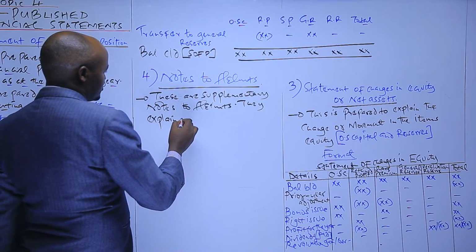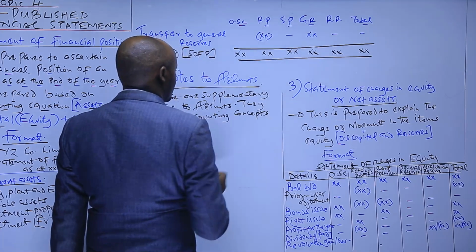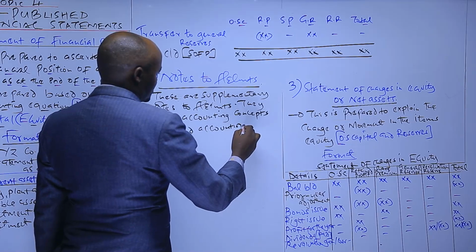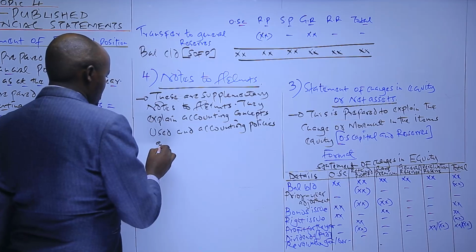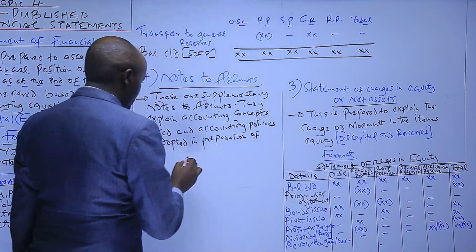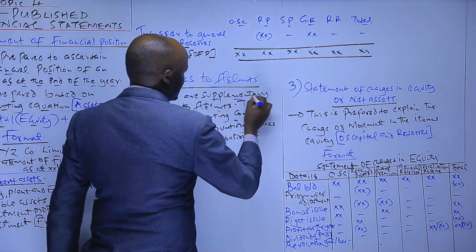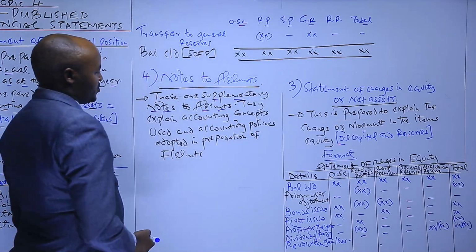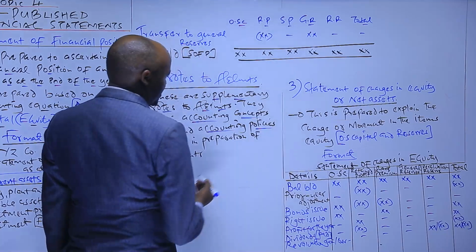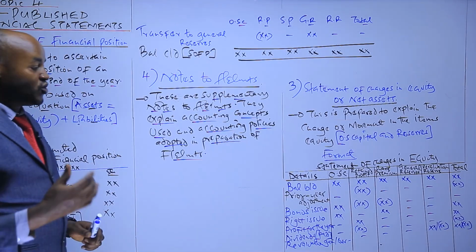They explain accounting concepts used and accounting policies adopted in preparation of financial statements. So what is the objective? The objective is to explain the accounting concepts used by an entity, and also the accounting policies which were adopted in preparation of financial statements.